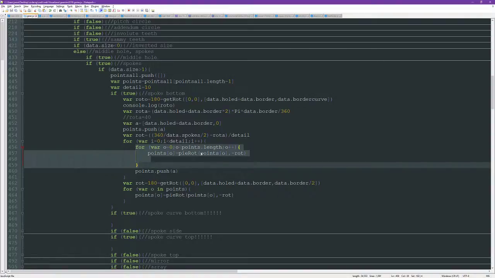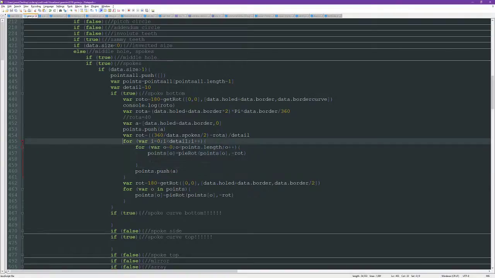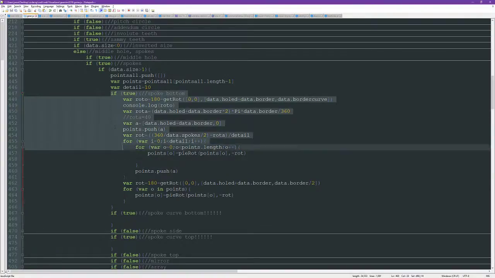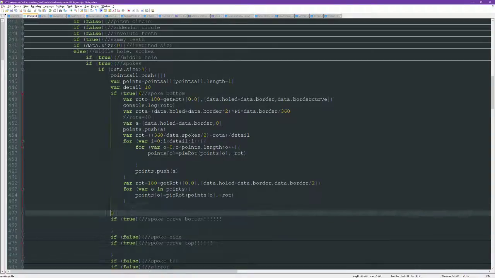What's this all about? Why am I rotating every point? Why would this be making the start wrong? I don't know. Okay, let's just make a copy of that then.